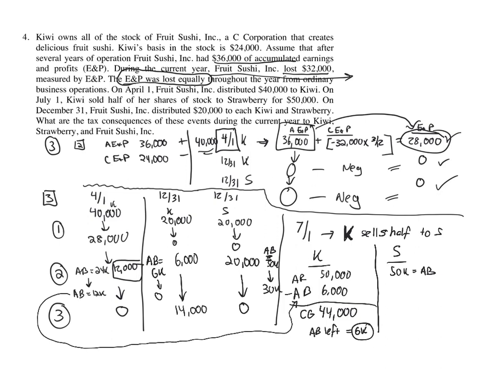You then take the amount of the dividend, which is positive 28. And that would be accumulated E&P next year of minus 28 plus, 28 plus 32 is what, 60? So it's going to be negative $24,000 next year.